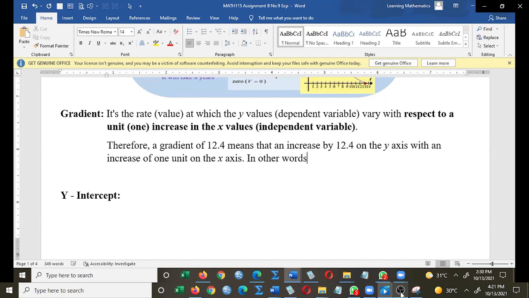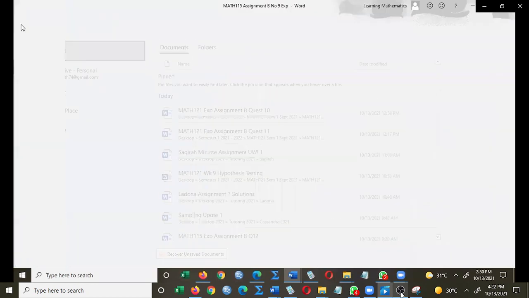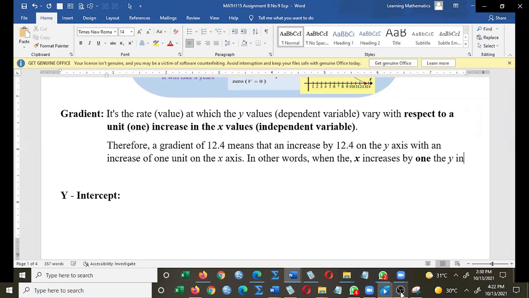In other words, when the x increases by 1, the value of the y-axis increases by 12.4. Nice. The y increases by 12.4.